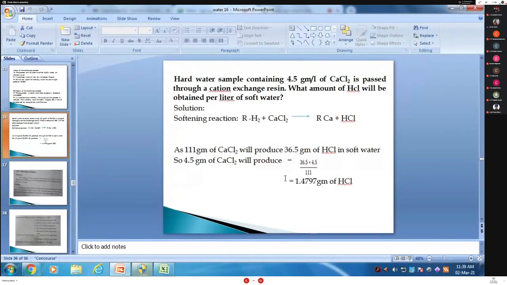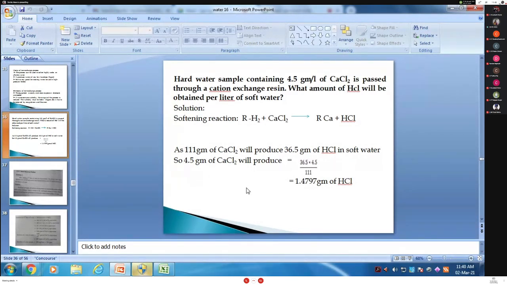I have already provided you all the things. 36.5 into 4.5 divided by 111 is equal to 1.4797 grams of HCl required per liter of soft water.